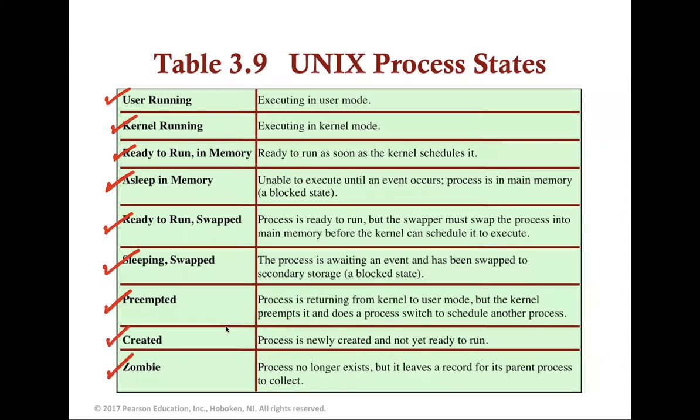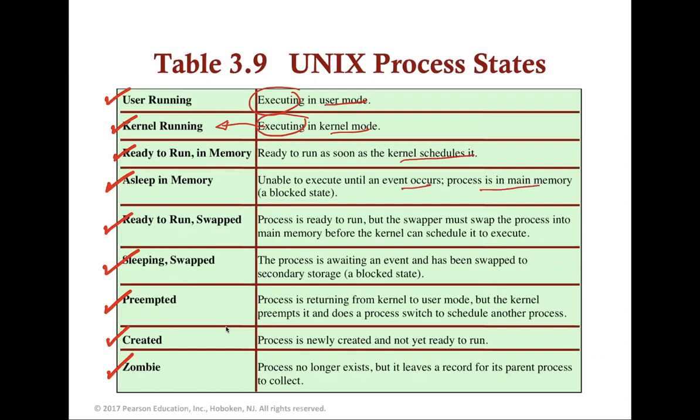It's better to understand the meaning of each of those states. For example, user running means the process is in execution, but it's running in user mode. If the process is in execution in kernel mode, that means the process is kernel running. Ready to run means the process is ready to run as soon as the kernel schedules it for execution. Asleep in memory means the process is unable to execute until an event occurs.